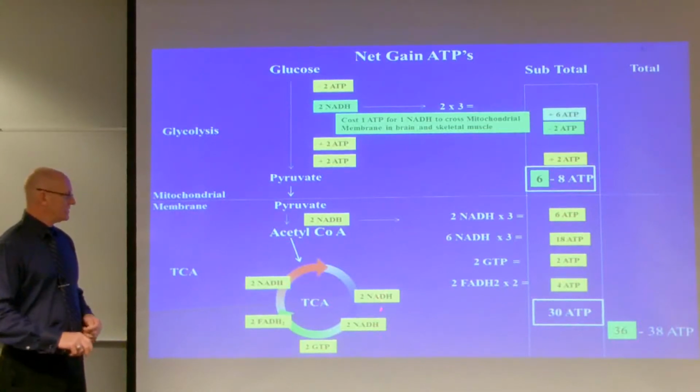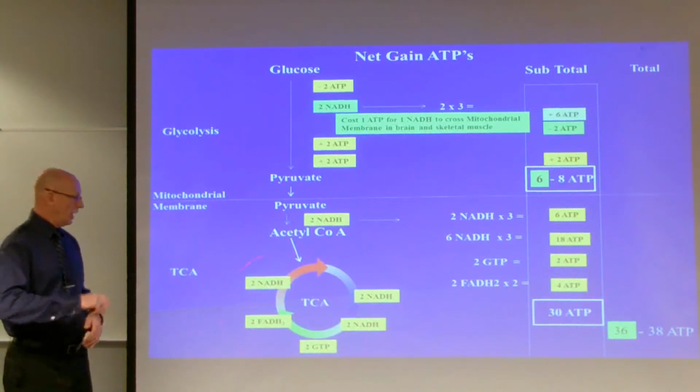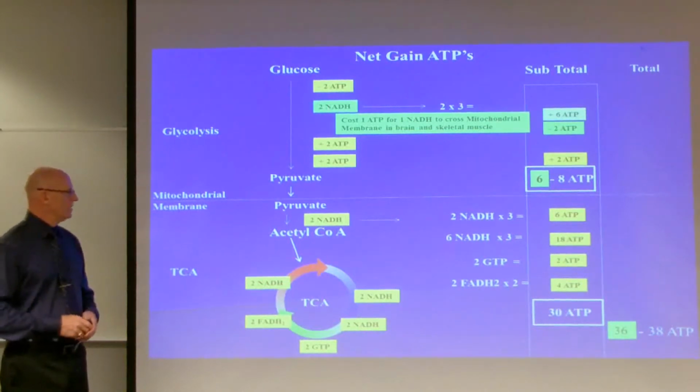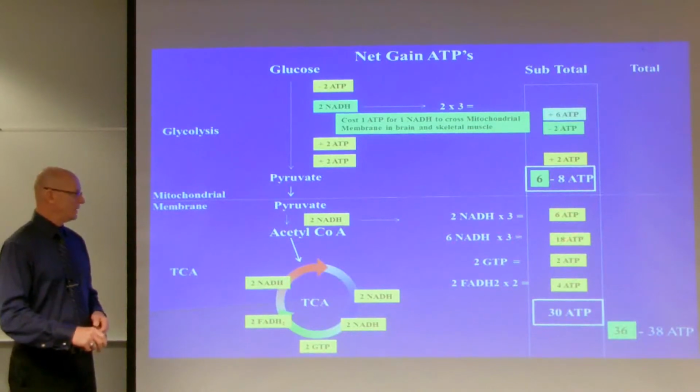So we had an NADH here, and you can go back and check this out. There's an NADH at each one of these points. So that's 2, 4, 6. 6 NADHs in total for 2 revolutions of this cycle, because there's 2 molecules of pyruvate. So that is 6, and again, each one yields 3 ATPs. So 3 times 6 is 18 ATPs.